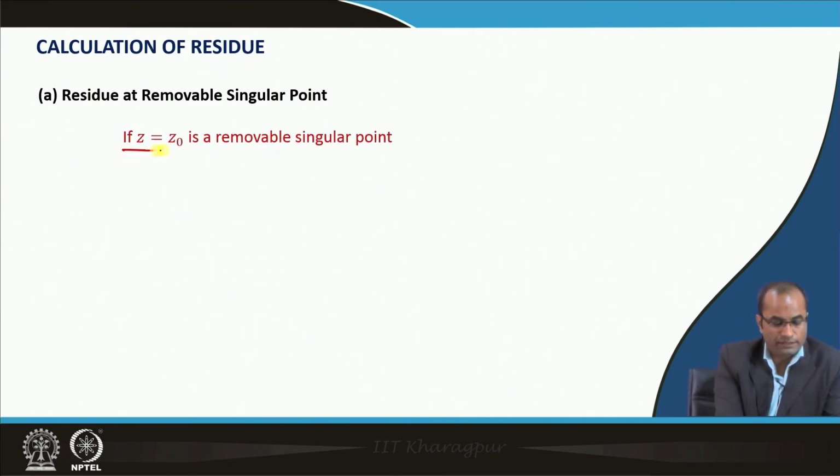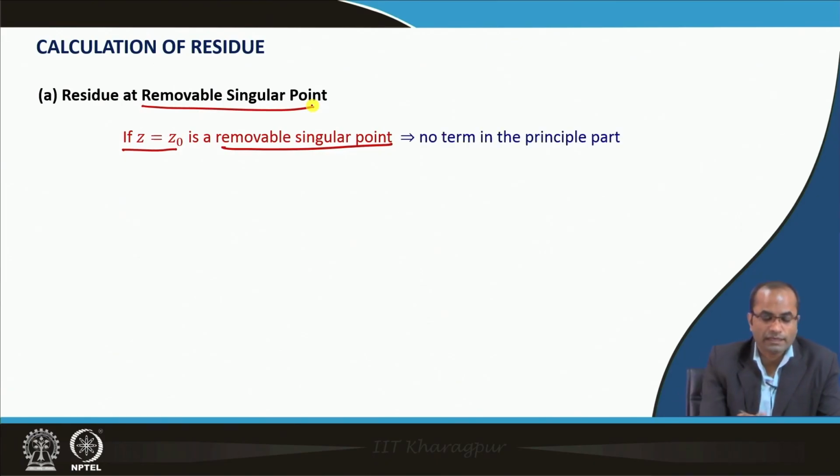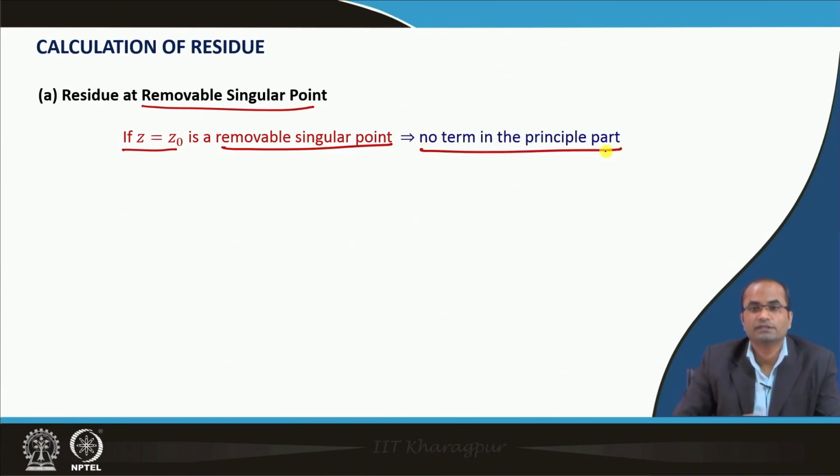If z equal to z naught is a removable singular point, now the classification comes into the picture. If it is a removable singular point, then we know that there is no principal part in the Laurent series expansion, that is, there are no negative powers of z minus z naught.